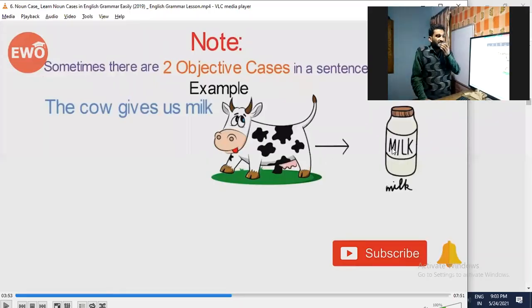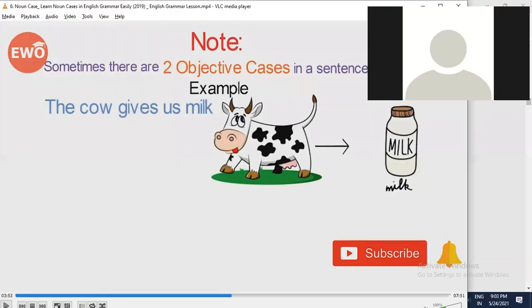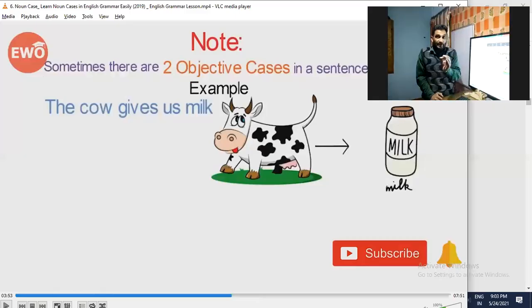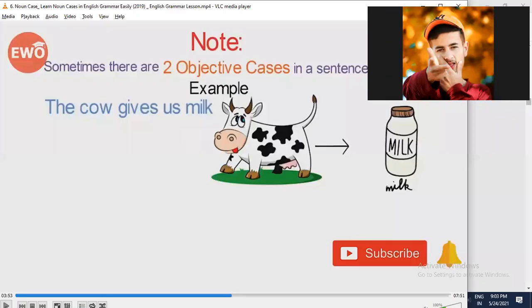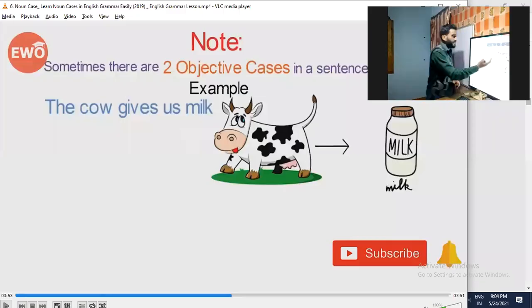Now cow gives us milk, अगर हम देखेंगे यहाँ पे cow जो है, the cow is in which case, okay, you can unmute yourself, the cow किस केस में, nominative or objective case? Nominative. It is nominative case because the cow is the doer of the action. Action क्या है इसमें, gives देती है.